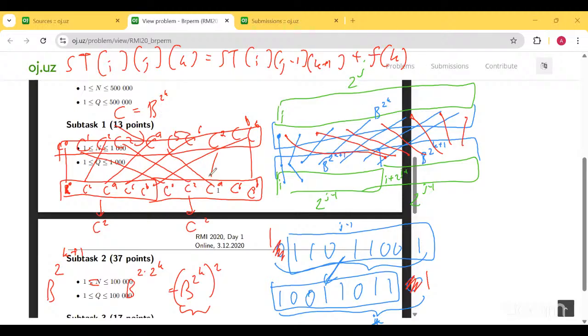So fk times this: sparse table for i plus 2 to the j minus 1, j minus 1, k plus 1. All right. Yes, this is the solution for subtask 2. Is it understood?